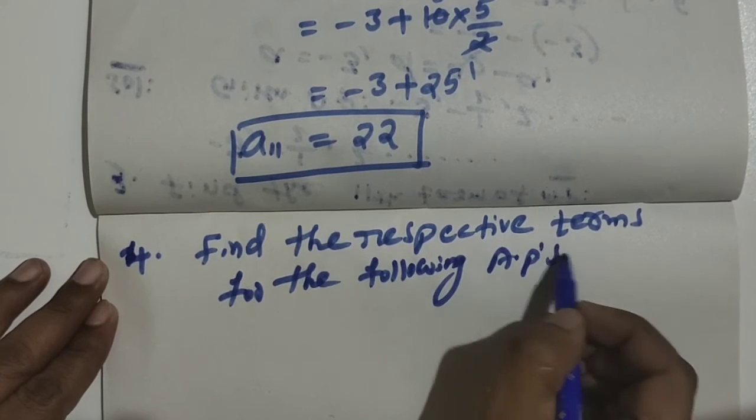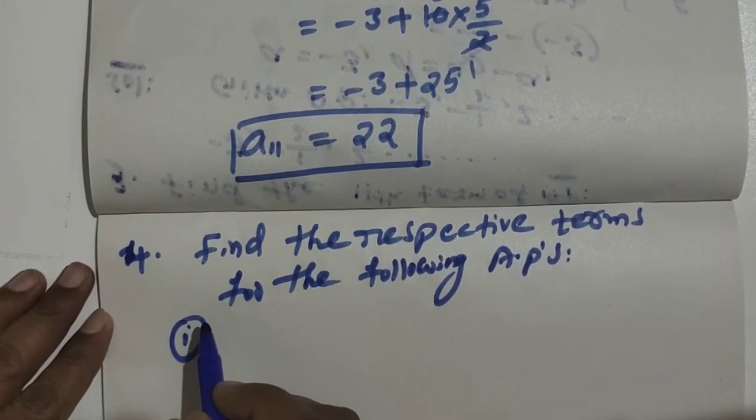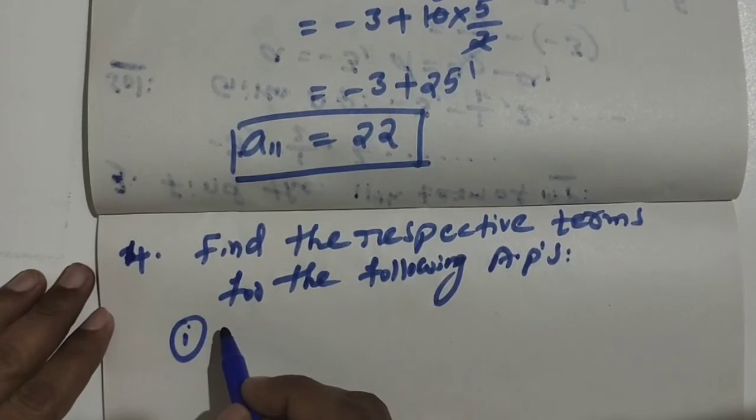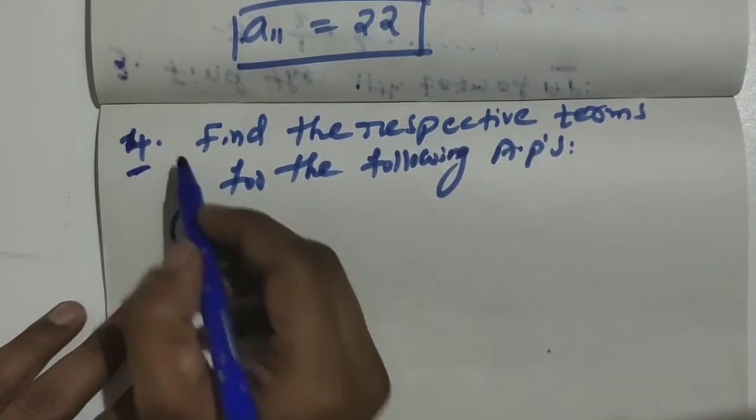Here we have one bit, actually it is the third bit in 6.2, but on the serial number I am taking 4 only.